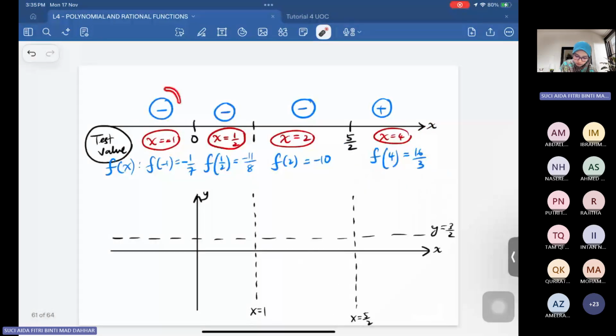Did you get negative here? Calculate negative 0.5. It's negative. It's below.